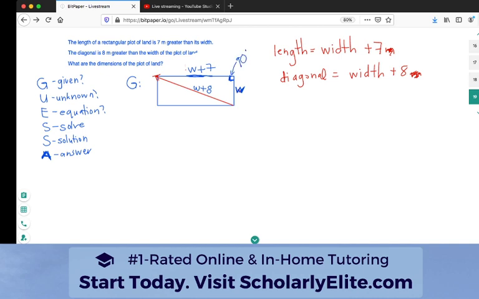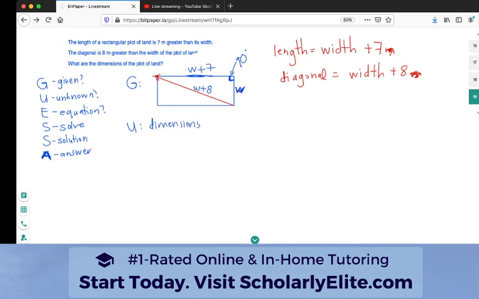Okay, so that tells us a lot of information because we know that we can apply a certain formula to make things make a little bit more sense. How do we apply this formula? Let's go ahead and take a look here. So first, let's address what is our unknown. Well, our unknowns are the dimensions.